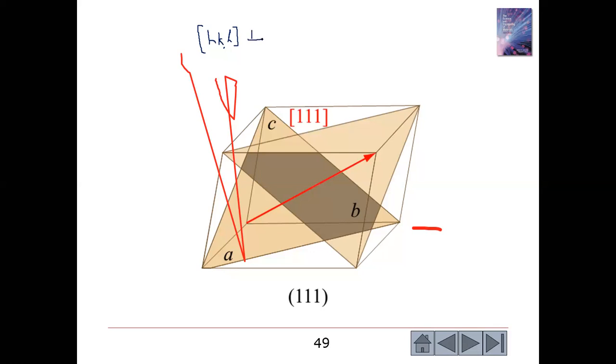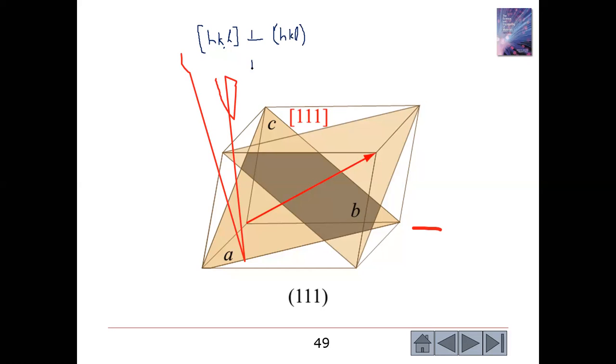So it will be perpendicular to HKL, right? So HKL direction will be perpendicular to HKL plane, right?